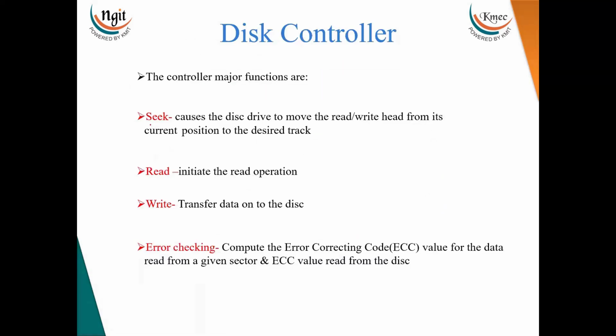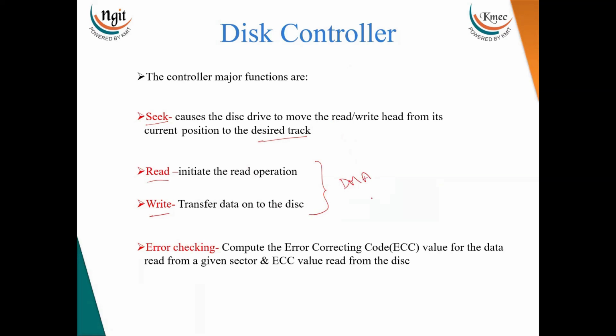Seek means the disk controller will select the desired track from where the data transfer should be done. It will also initiate the read operation at the time of the read, and do the write, transferring the data onto the disk. Transferring the data from or into the main memory is called data transfer, and that is done by the DMA scheme.